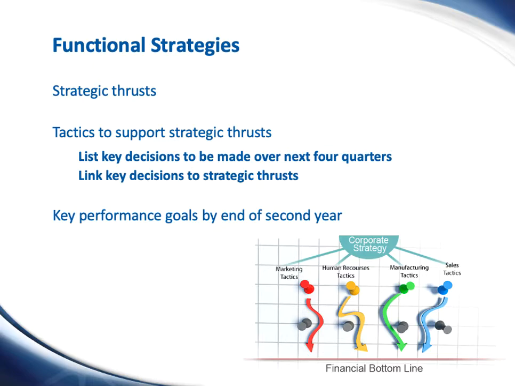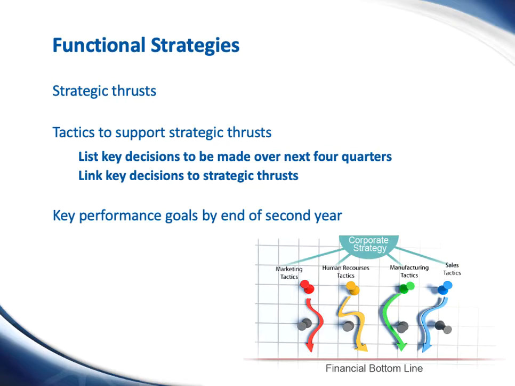Each functional strategy should be thoughtfully prepared. It should show how the functional strategy supports the overall strategic thrust. It should have a clear outline of the tactics to support the overall strategic thrust. You need to list the key decisions to be made over the next 4 quarters, quarters 5 through 8.